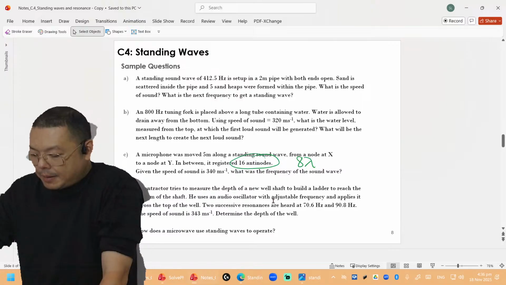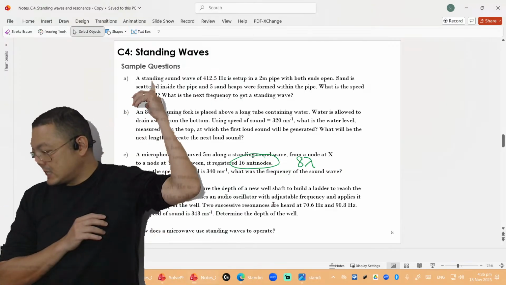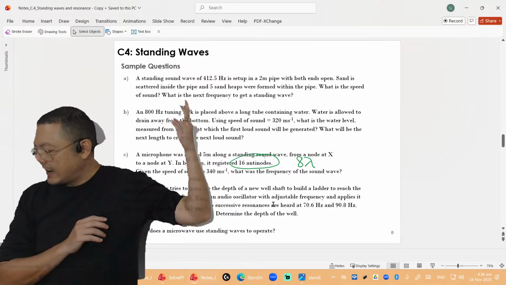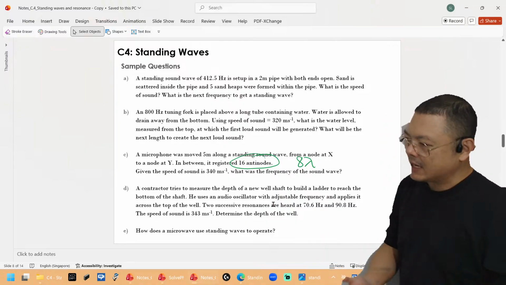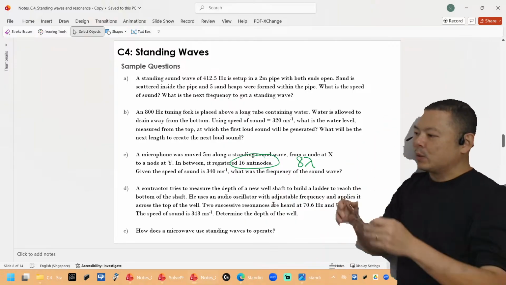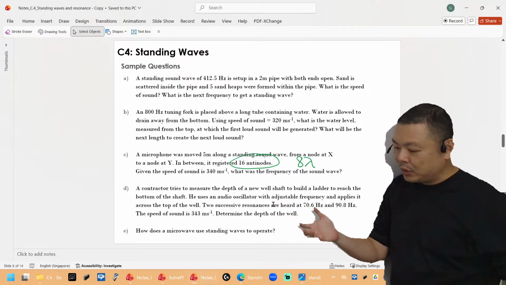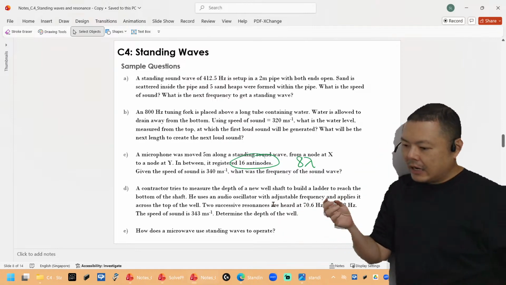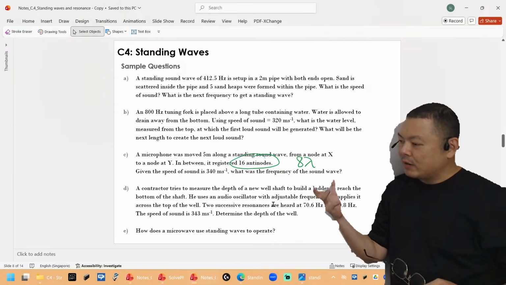Anyway, I'm going to wrap up today's lesson. This is your homework for standing waves. Get this done. Obviously, if you don't know how to do some things, there's a lot of work to be done outside of class, especially for those who joined later or were playing around in the earlier parts of year five. You would have to do the work. Look at the Telegram.